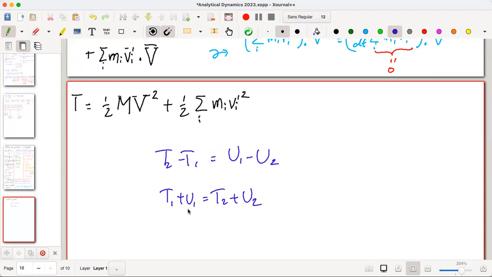So what I mean is that the total energies should be the same everywhere, and then we again end up with the conservation law of mechanical energy. So now here we prove that a system of particles will conserve its energy as long as all the forces are conservative. If the forces are conservative, then the energy is conserved for the system.